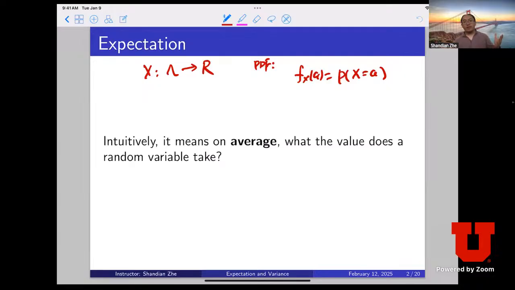We cannot just transplant the definition from the discrete case to the continuous case. It's not directly extrapolated to the continuous domain. The reason is that in continuous random variables, your sample space is so dense that the probability of your random variable taking a single value is simply zero.